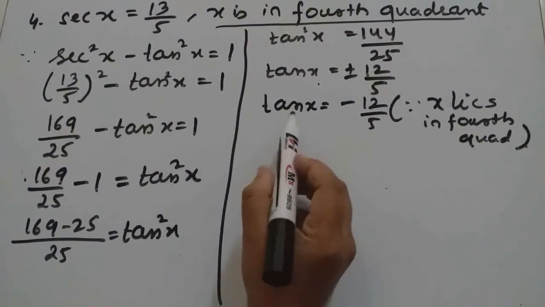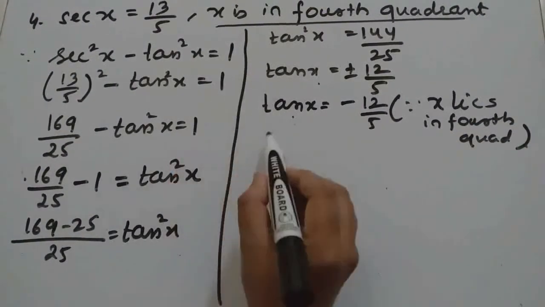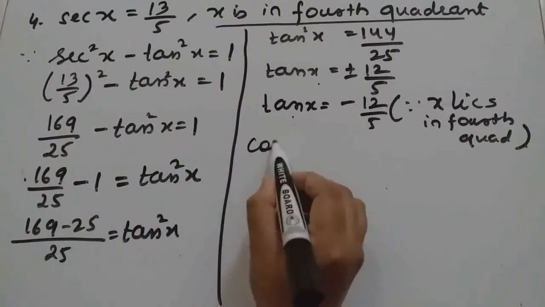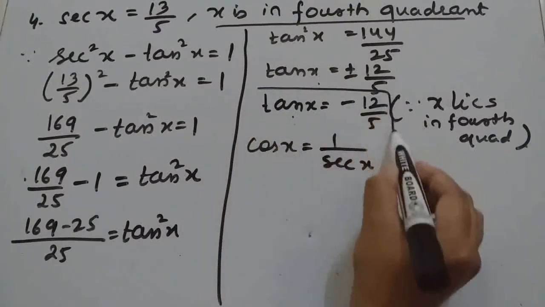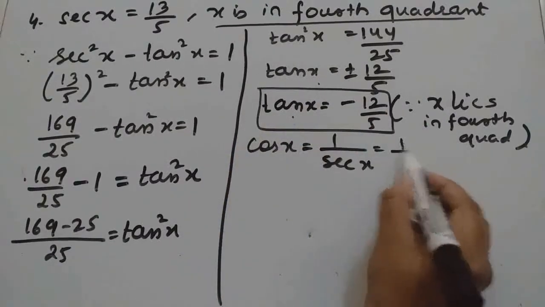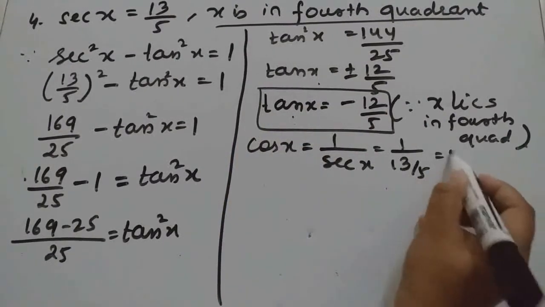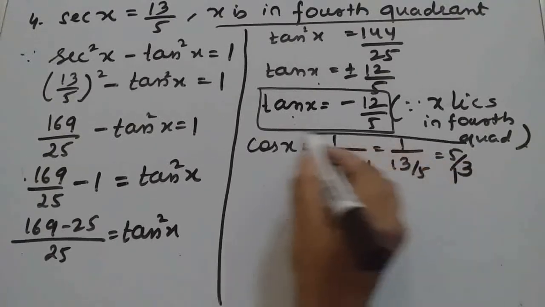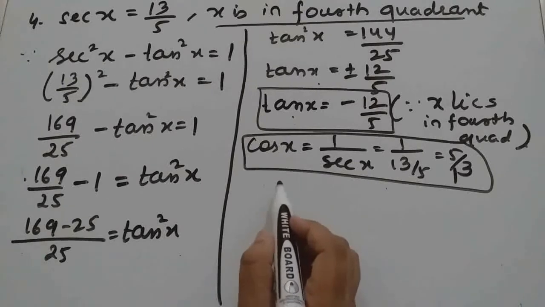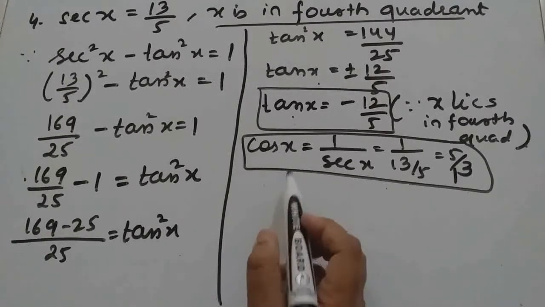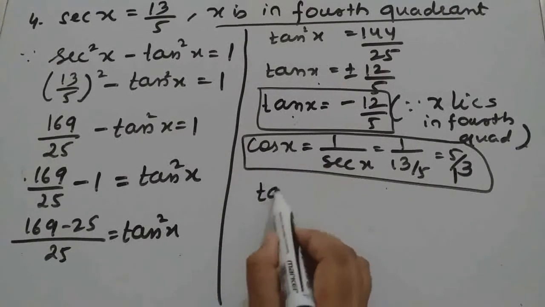Okay, now after getting tan, sec x we know, so cos x we can find, isn't it? Cos x will be 1 by sec x. So 1 by 13 by 5 means 5 by 13. Cos x we got. Sin x we can get using the identity, or tan x is also given. So tan x is what?